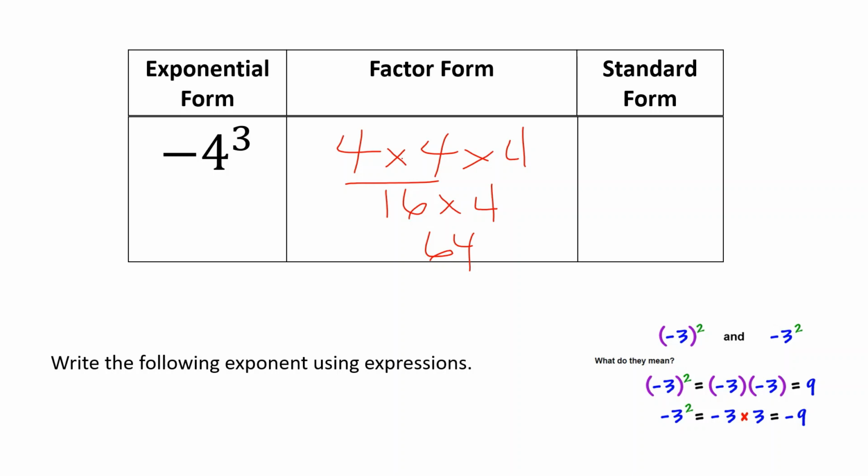And when we look at this problem, we should look at it as negative 1 times 4 to the third power. And that's how we have to look at it.